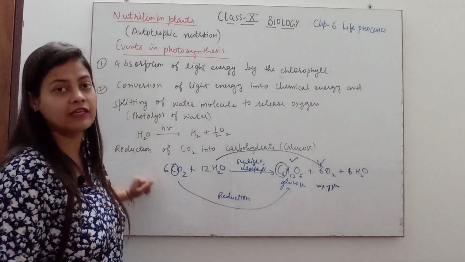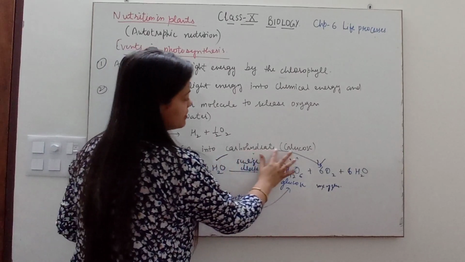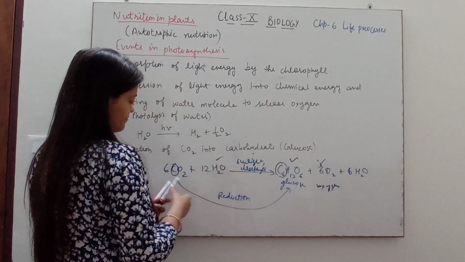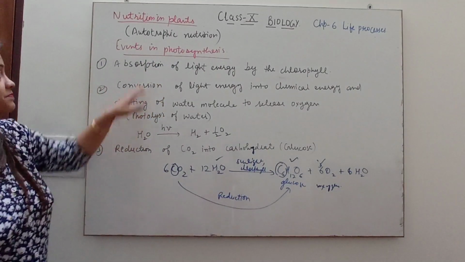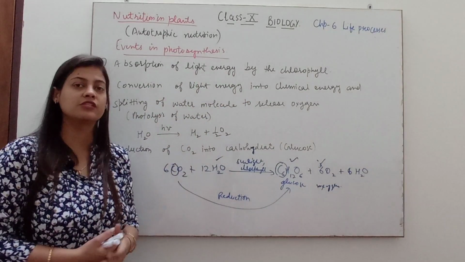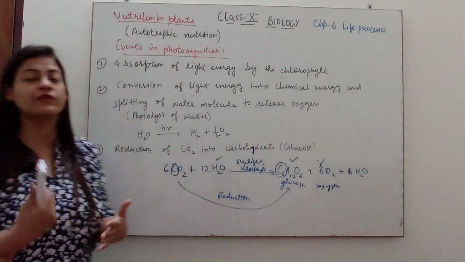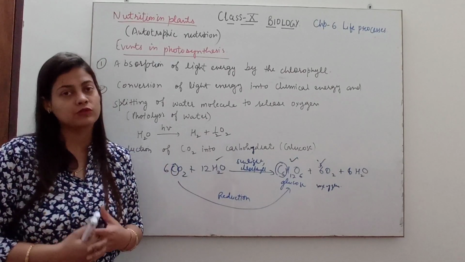Now we will discuss the events or the steps in photosynthesis. This is the first step, the absorption of light energy by the chlorophyll, because chlorophyll is the green pigment found in leaves, which traps the sunlight.